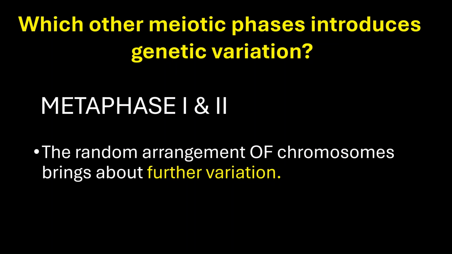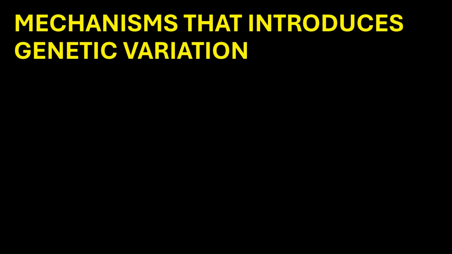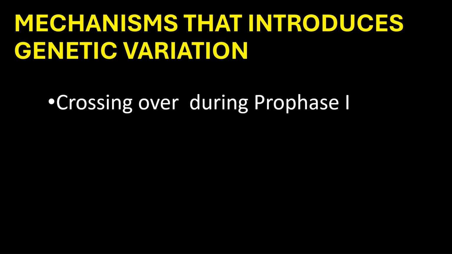So, in a nutshell, we have to know that here are the mechanisms that introduce genetic variation within a population. Here we're looking at mechanism, not phase. Mechanism also represents process. There are two mechanisms that bring about variation.